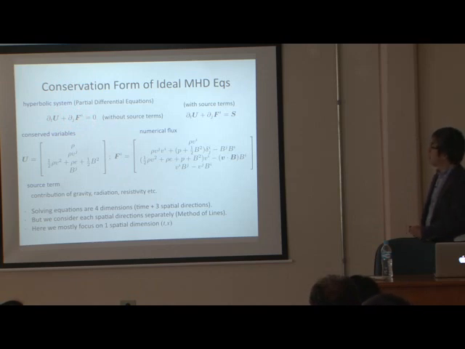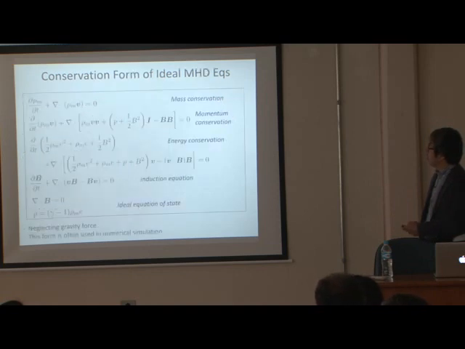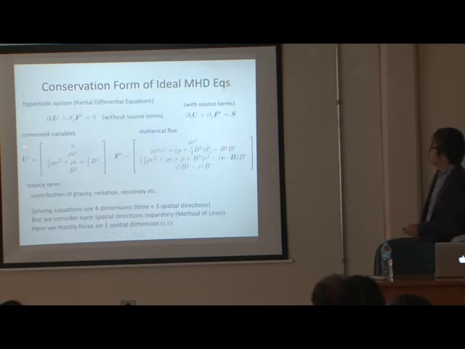Now this is without source, but in a more general way, we can add a source term S here. The conserved variable has 1, 2, 3, 4 components: this is the density, this is the momentum, and this is the total energy and magnetic field.